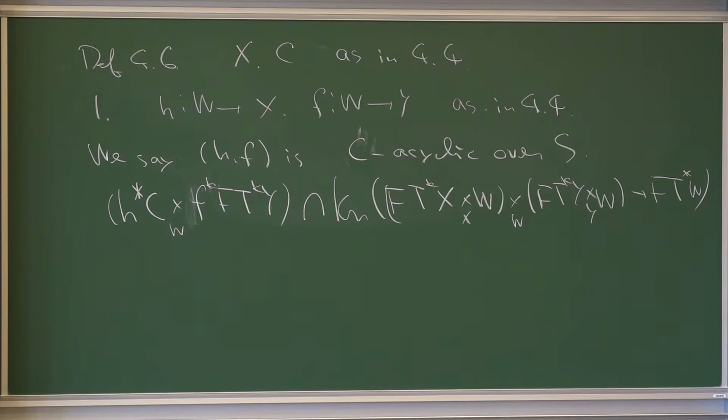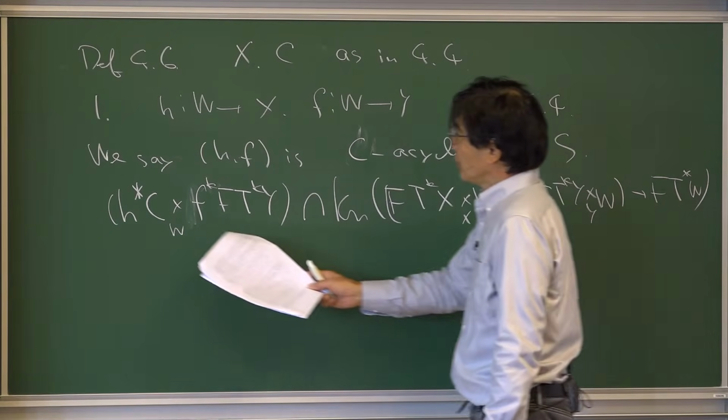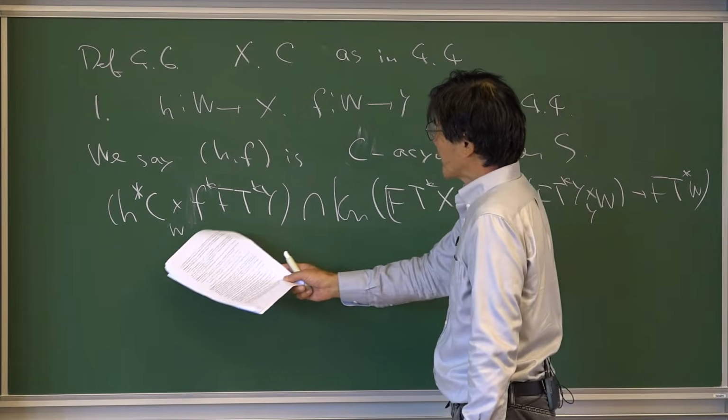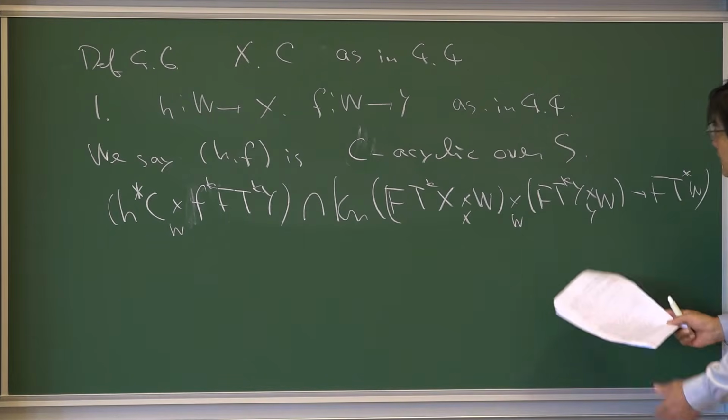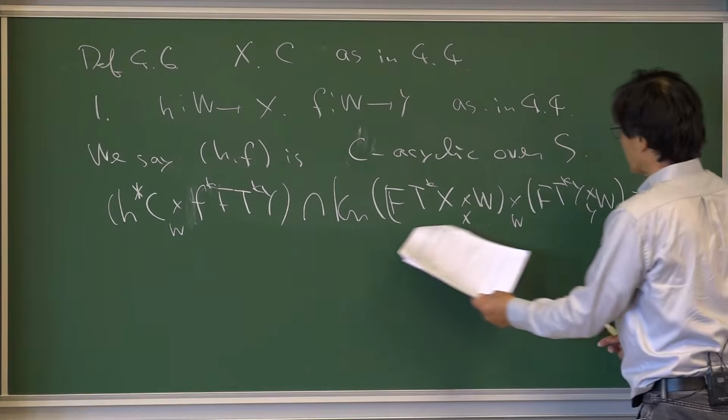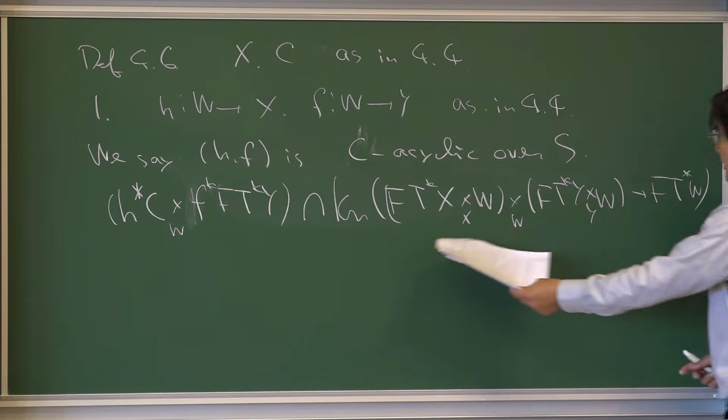So up to here, it's similar to the definition of acyclicity. On this side, we just take pullback, and on the second factor, I take the whole thing here, and I consider the intersection with the kernel.